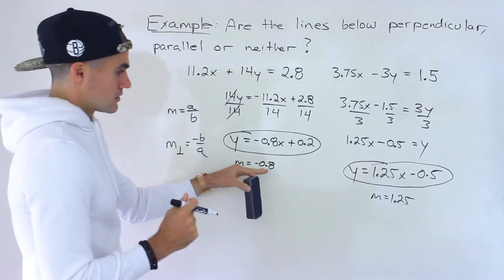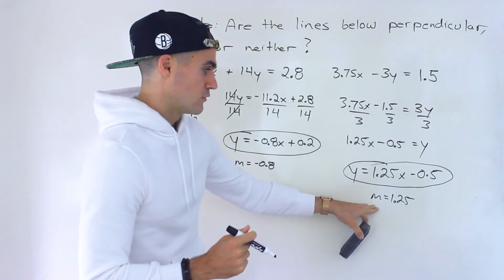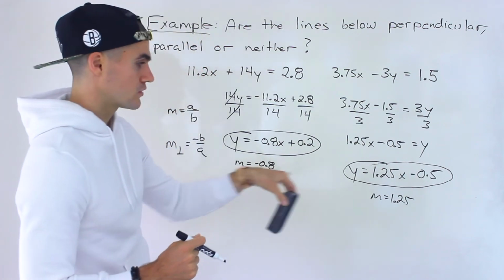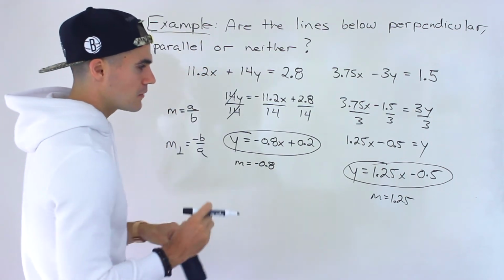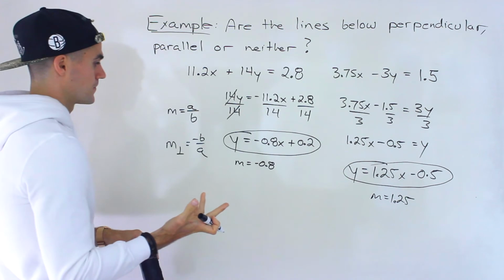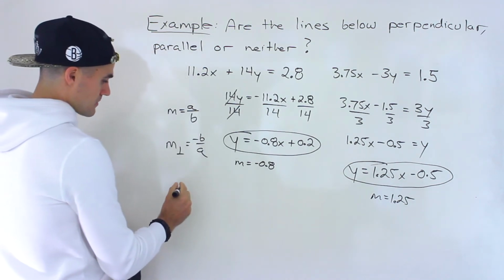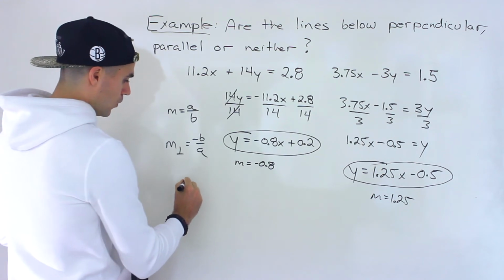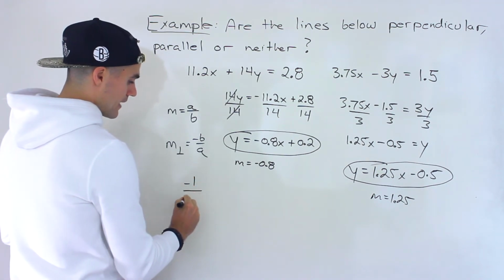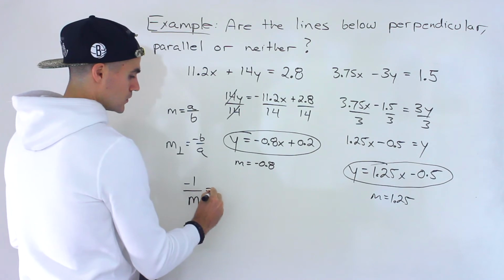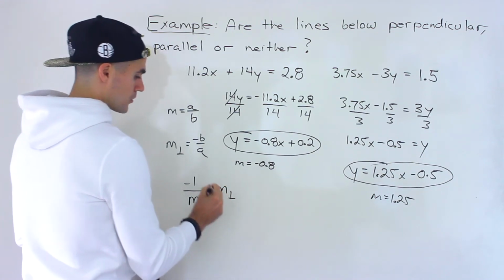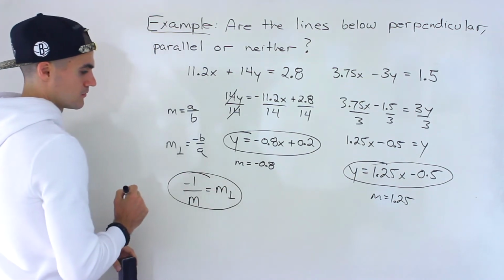But notice here, these aren't in fraction form. We can convert them to fraction form, but if you want a quicker way to check, another way to show this relation is that negative 1 divided by a slope would give you a perpendicular slope.